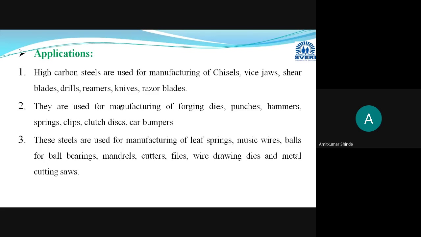Chaitanya Wadekar. Chaitanya, are you there? Yes, sir. Okay, all points are clear. Can I move forward? Can I move towards the next slide? Wadekar. Yes, sir. Okay, fine.